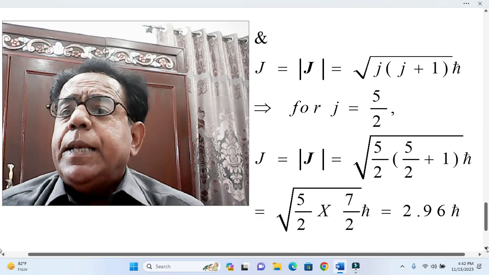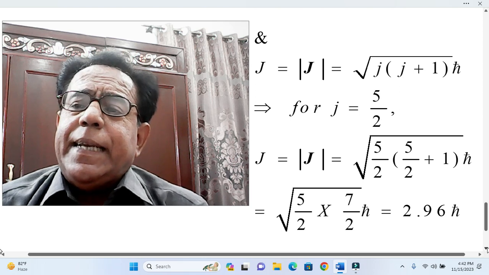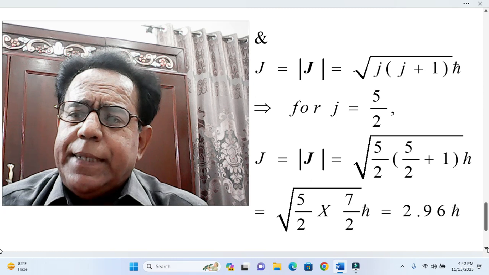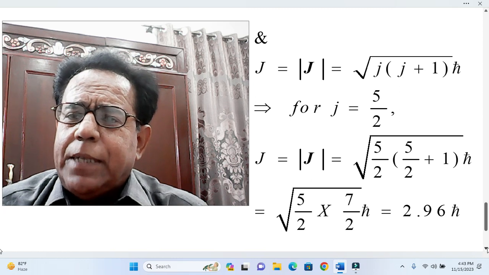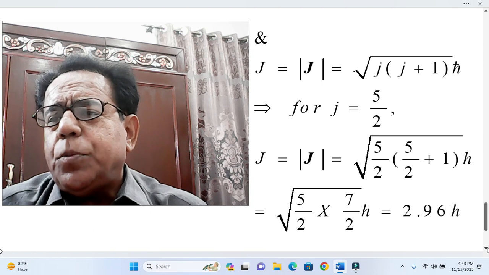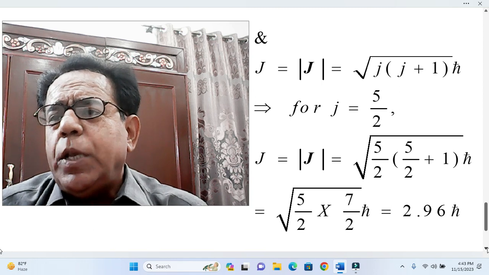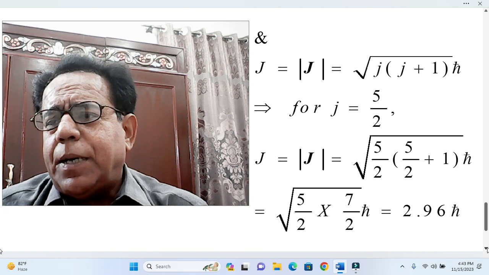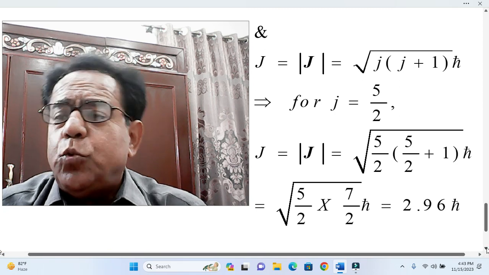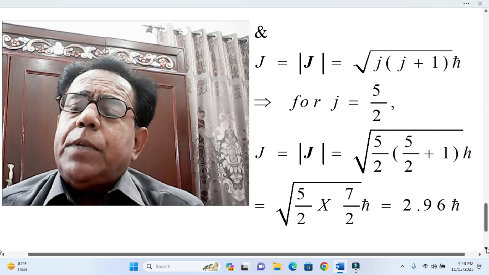And now once again, capital J, the magnitude of the capital J vector, becomes equal to root of small j into small j plus 1, times h cut, where h cut is Planck's constant divided by 2 pi.